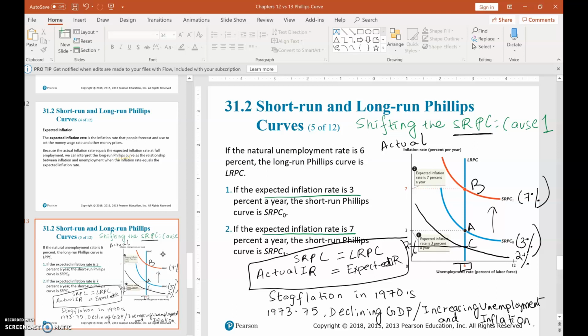This explains what happened during the 1970s in the US economy. We can look at 1973 to 75, where we had declining gross domestic product associated with increasing unemployment, as well as increasing inflation rate. So far we had the expected inflation rate constant when we were drawing the short-run Phillips curve. Now we just shifted the expected inflation rate.